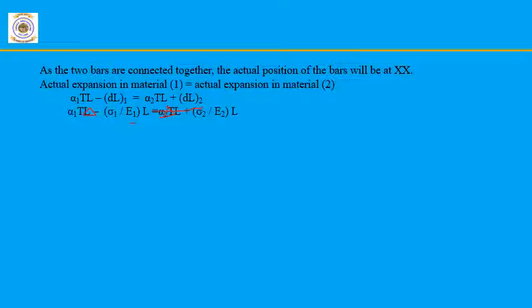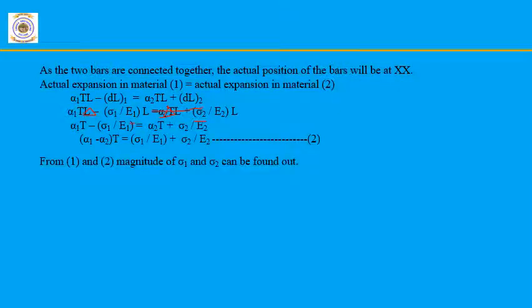Which is equal to alpha TL plus, in place of this DL we can substitute PL by AE. P by A is nothing but sigma 2, and we write the Young's modulus as it is for the second material and the length as it is. Next, we can take L as common, and since L is on both sides, it will get cancelled.